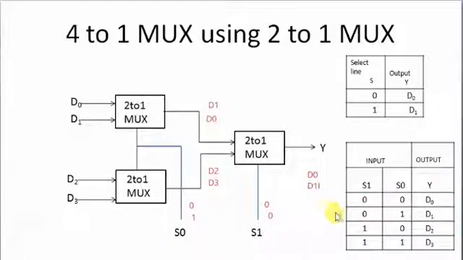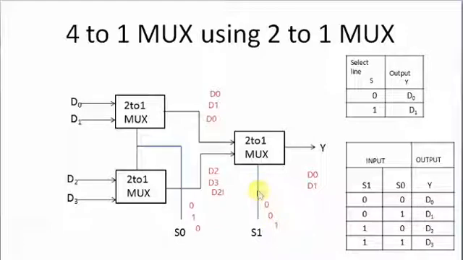The same will be for 10. When the select line is 10, S1 is 1 and S0 is 0. So when S0 is 0, again for select line 0 on 2x1 MUX, the first input is selected, so D0 is selected here, and here again D2 is selected, and here S1 is 1.